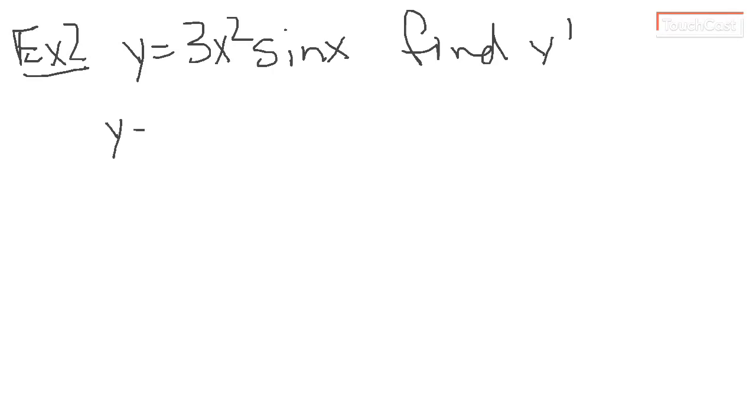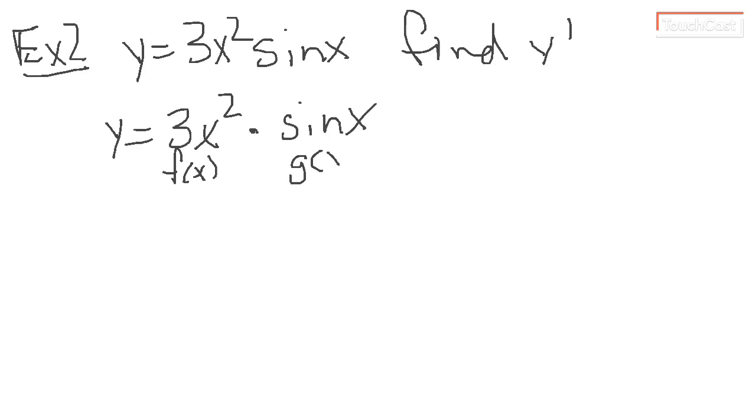We have y equals 3x squared times sine x, which means we can kind of just say f of x is going to be like our 3x squared and g of x is like our sine x.